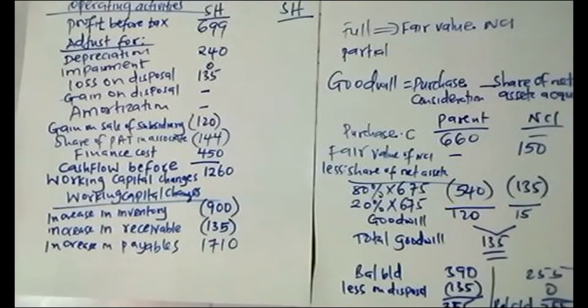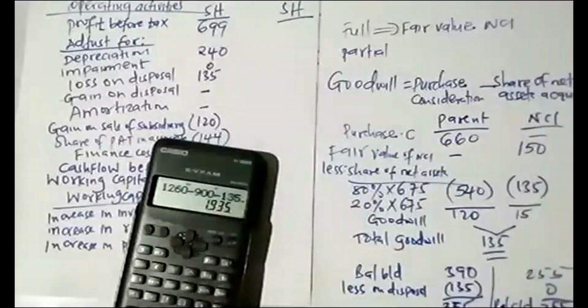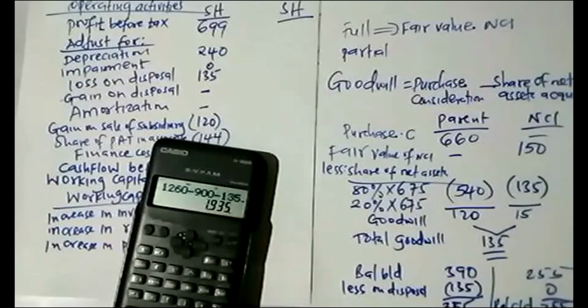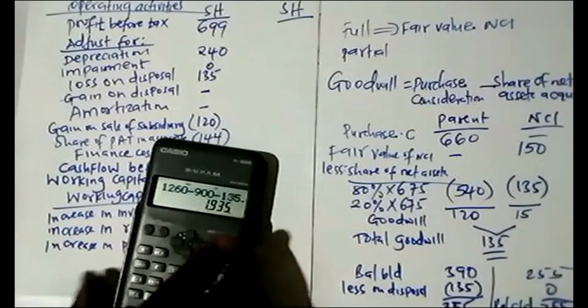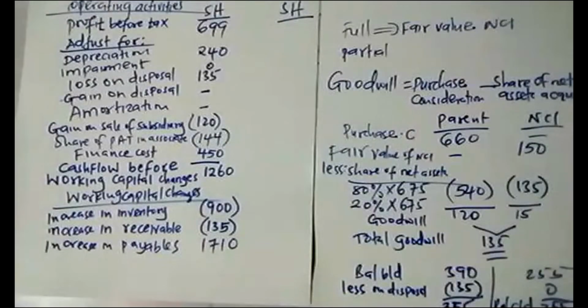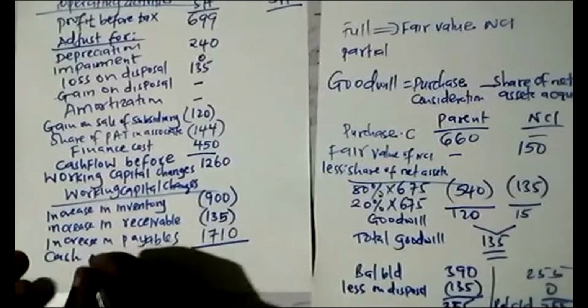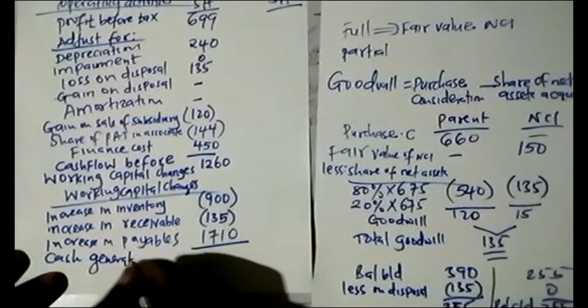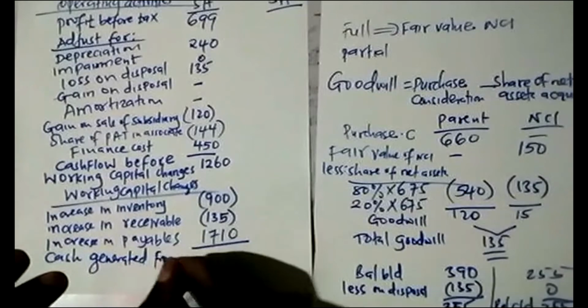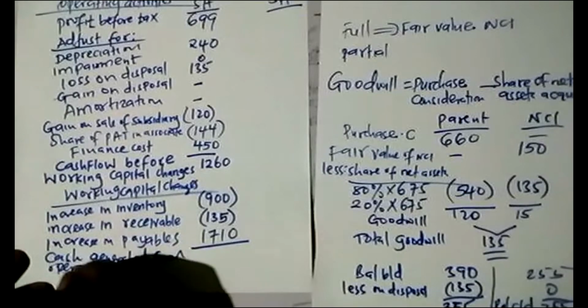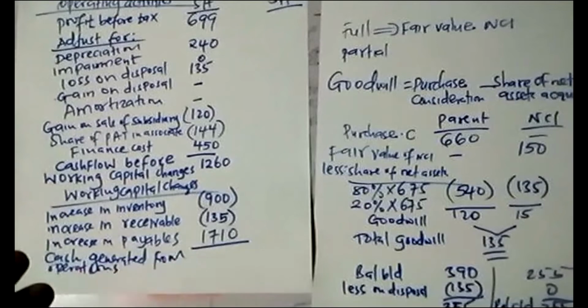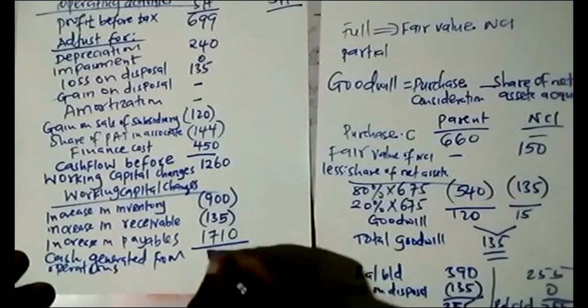So I'm getting 1935. So 1935, we call it cash generated from operations.